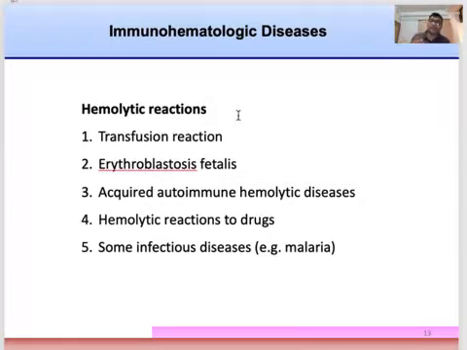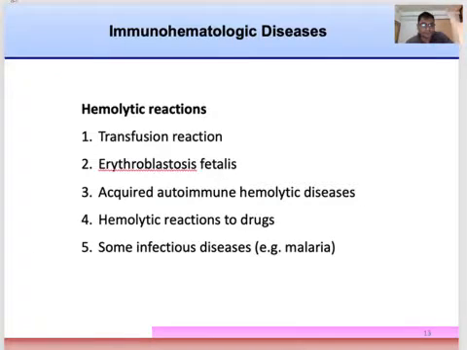And the hemolytic reactions can be caused in many different ways, such as due to transfusion, erythroblastosis fetalis, acquired autoimmune hemolytic diseases, hemolytic reactions to drugs, and some infectious diseases, for example malaria. So if someone gets malaria, he can also develop immunohematologic disease.